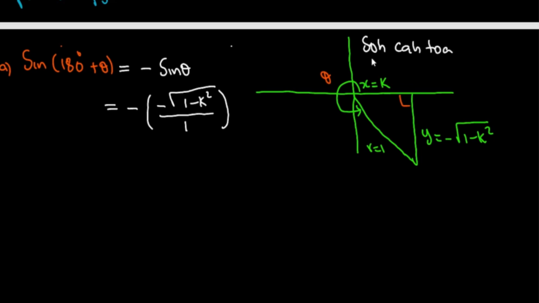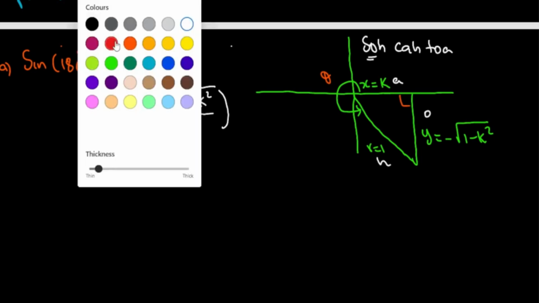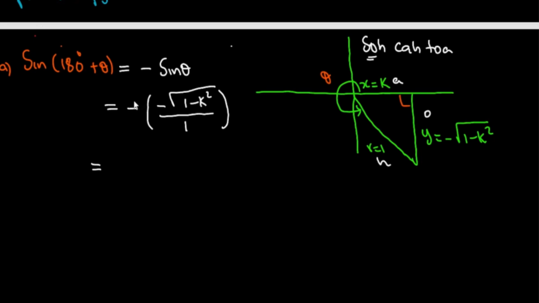So we can also write it down here and say this is SOH CAH TOA. We know that sine is O over H. What is our opposite? Remember, this is my opposite, this is my hypotenuse, and this is my adjacent. So when we say sine is opposite, what is opposite? Minus the root of 1 minus k squared. So we just have to simplify this. Multiply out the bracket by that negative.